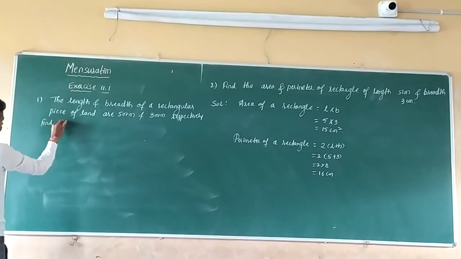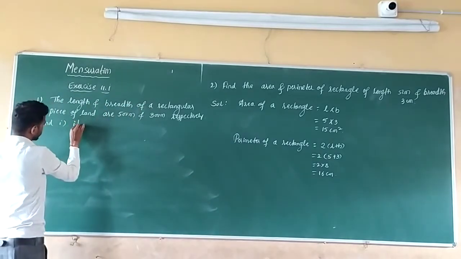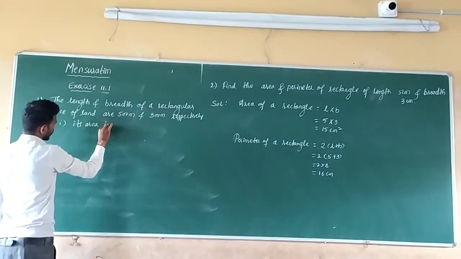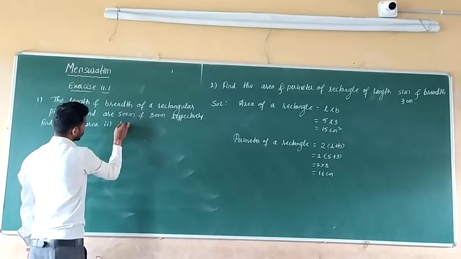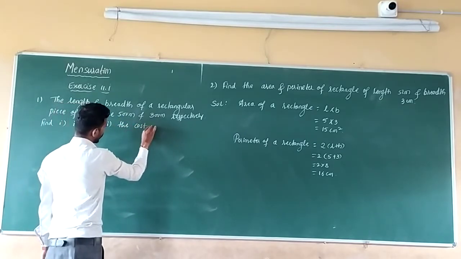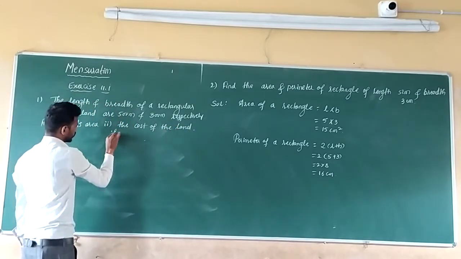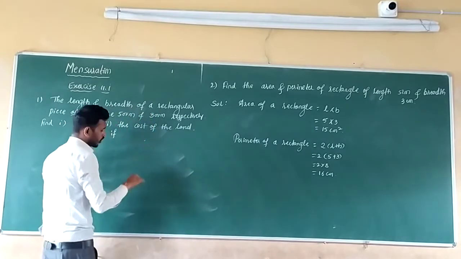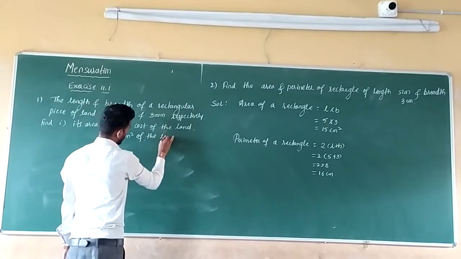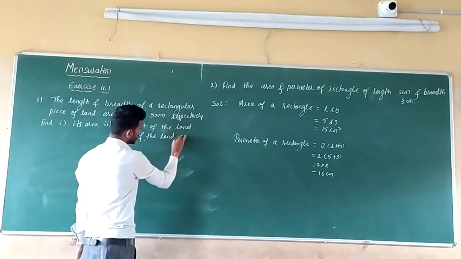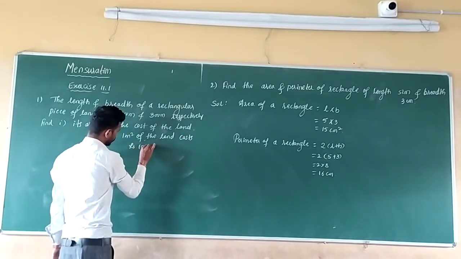Find, first one, its area, and second one, the cost of the land. The cost of the land is: 1 meter square of the land costs rupees 10,000.